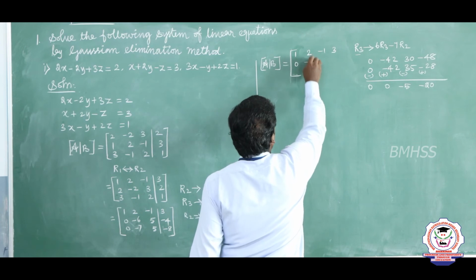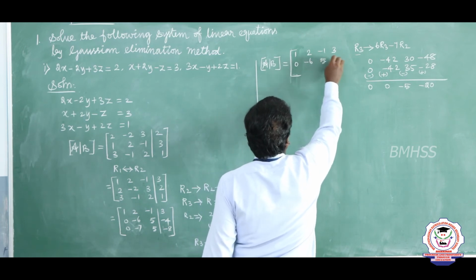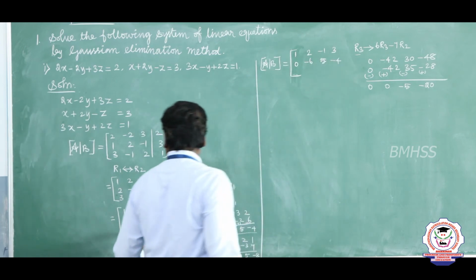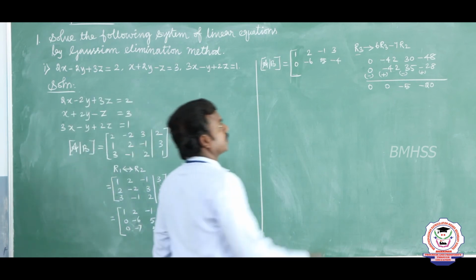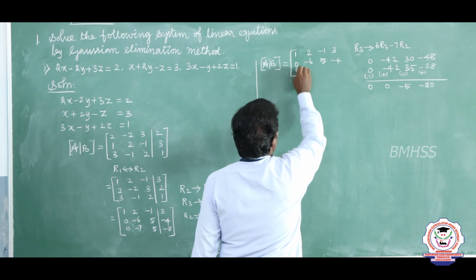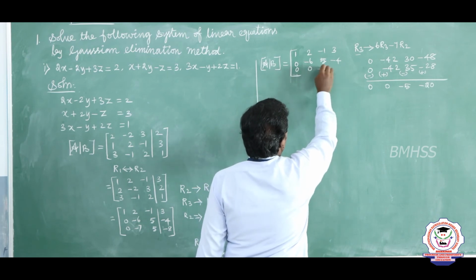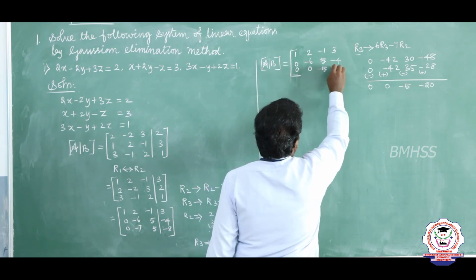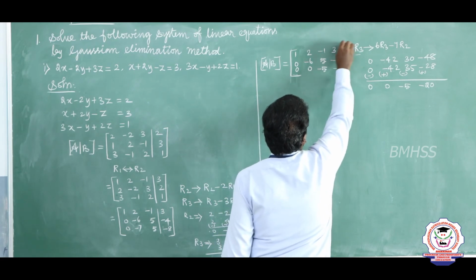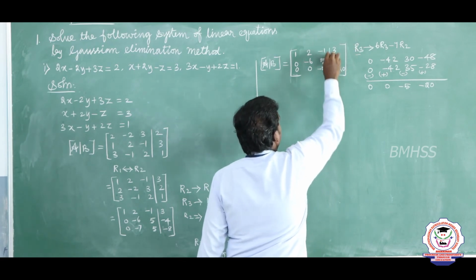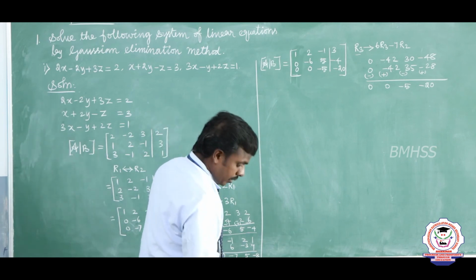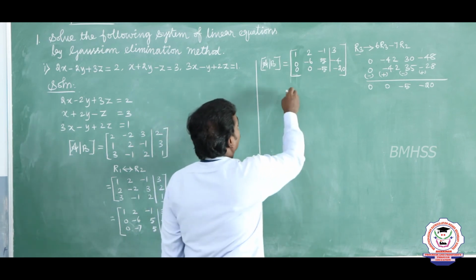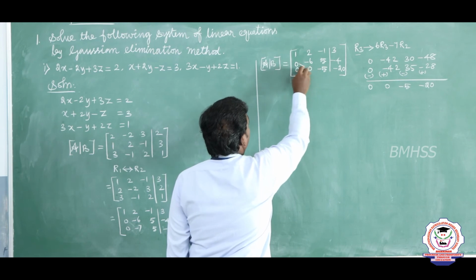From the third row, we have changed the elements: 0, 0, minus 5 and minus 20. Now we got the echelon form.